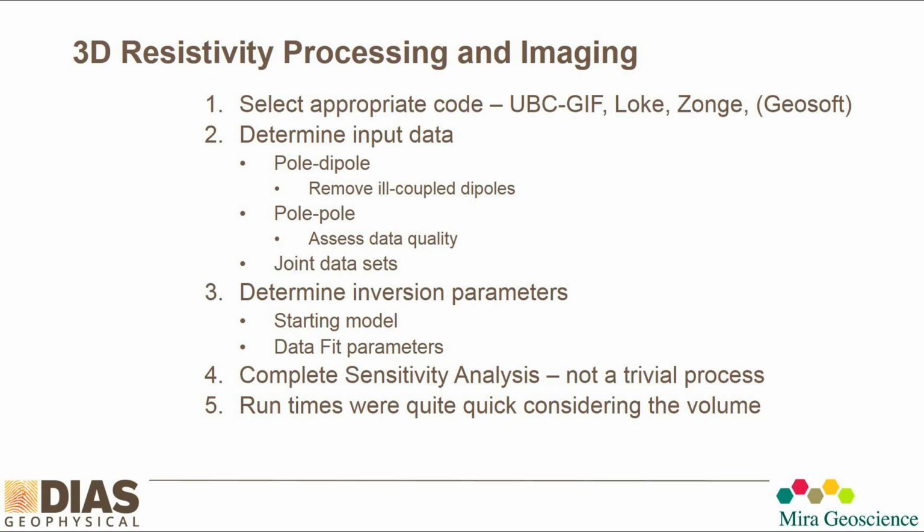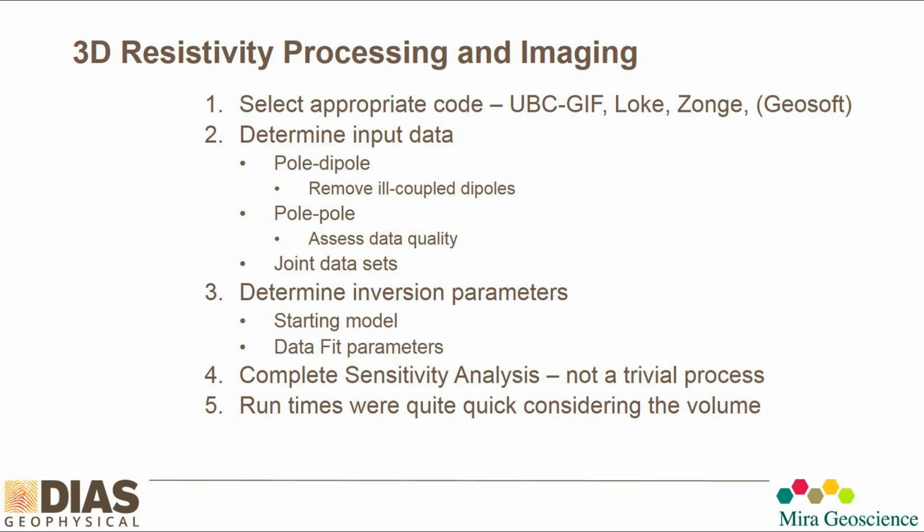Determining the inversion parameters as well. Each area is quite different in terms of what parameters are most optimal for the model. And deciding on a starting model can be a challenge as well, as we've seen today. We complete a sensitivity analysis as well, and that's not an overly trivial process. In this case, we have to reduce the sensitivity compression threshold.